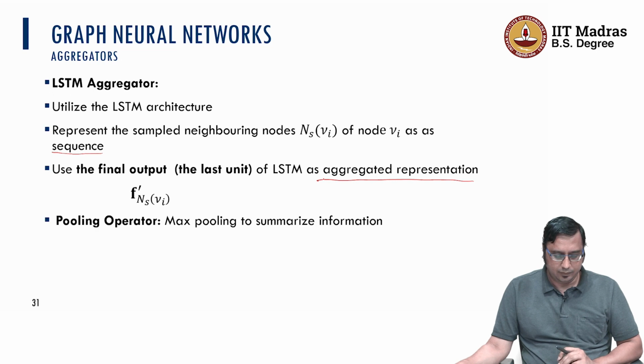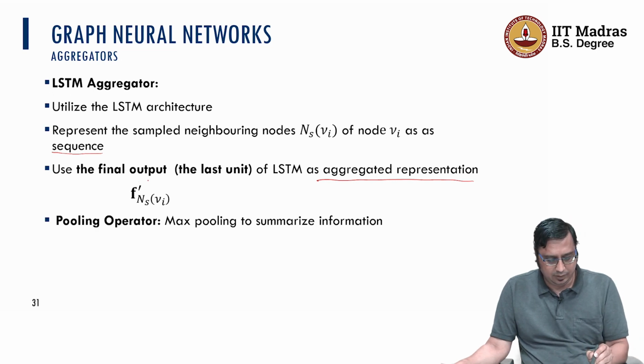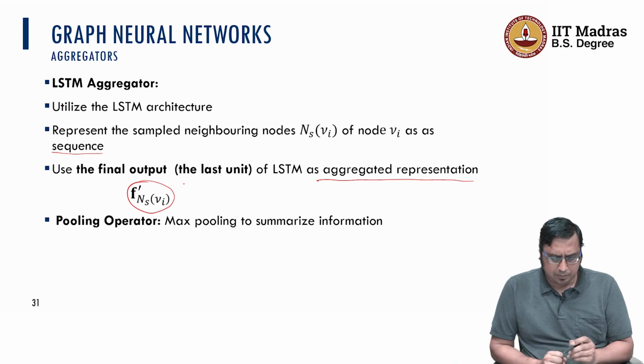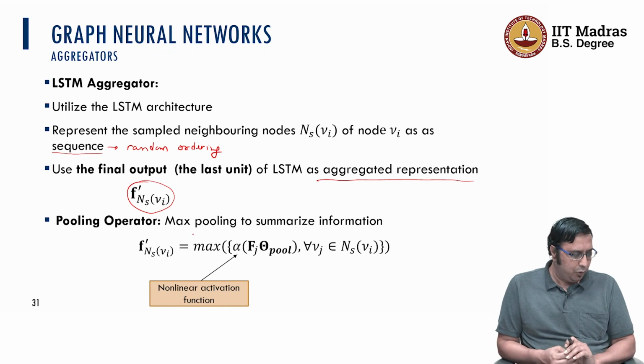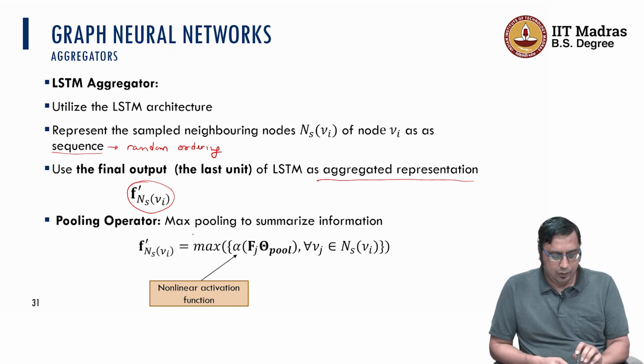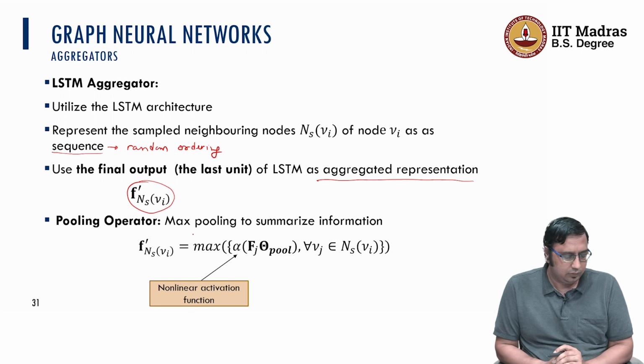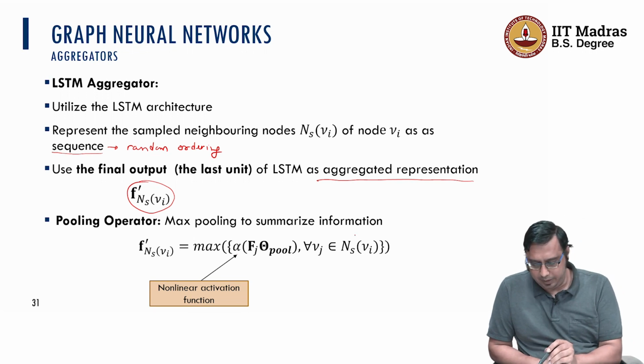How does it work? Which is my F_des N_s(vi). In several papers, these sequences are put through a pooling operator. We use a max pooling operation to summarize the information from the neighboring nodes.